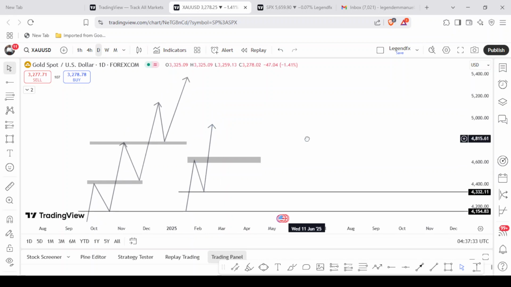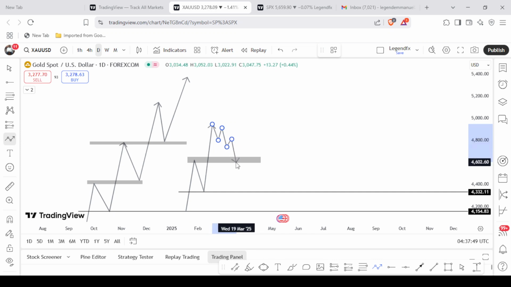So what the big guys, the market manipulators, do is give you this particular scenario, making you believe that we are in a downtrend.